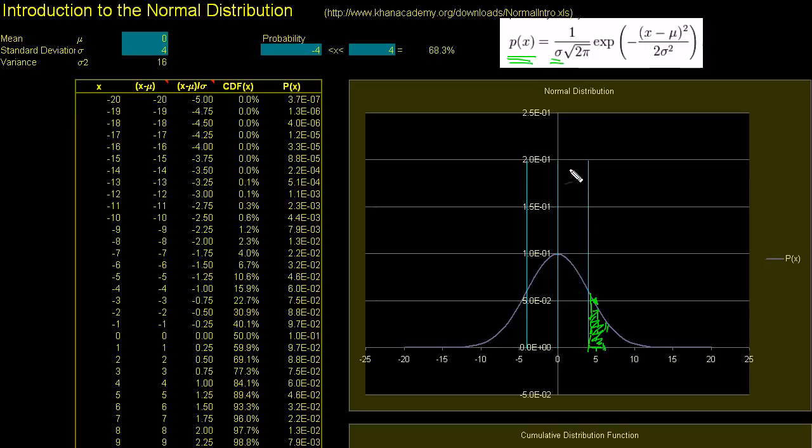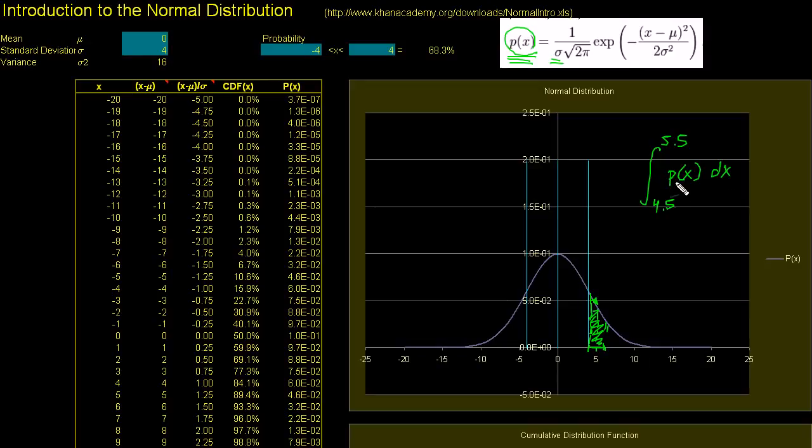And for those of y'all who know calculus, if P of x is our probability density function, it doesn't have to be a normal distribution, although it often is, the way you actually figure out the probability of, let's say, between 4.5 and 5.5, the odds of me getting between 4.5 and 5.5 inches of rain tomorrow, it'll actually be the integral from 4.5 to 5.5 of this probability density function, dx.